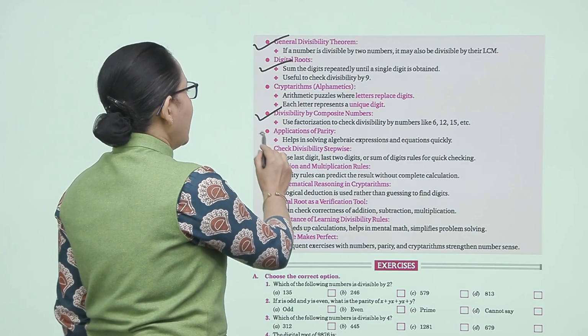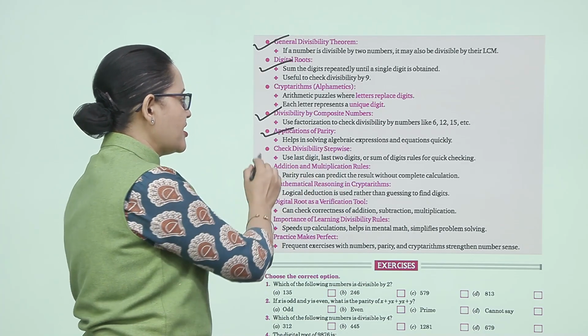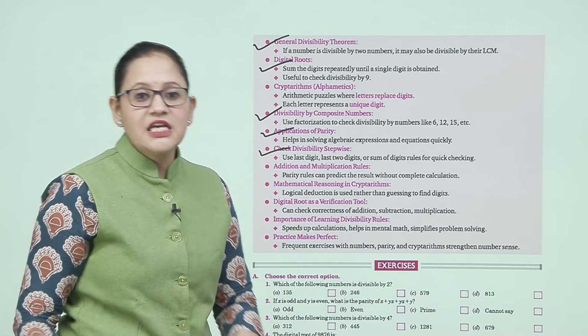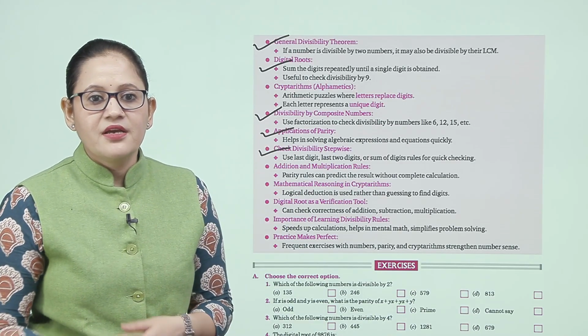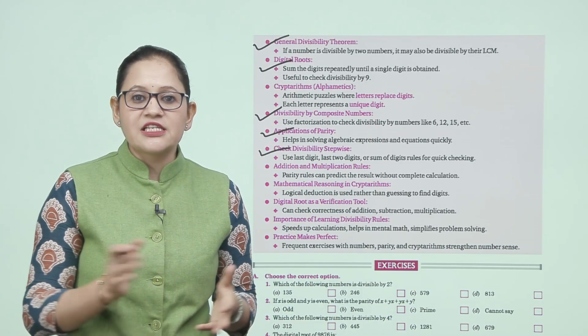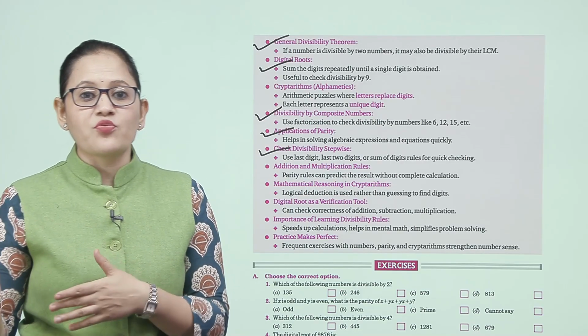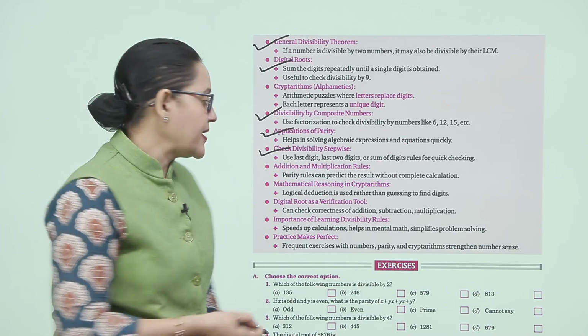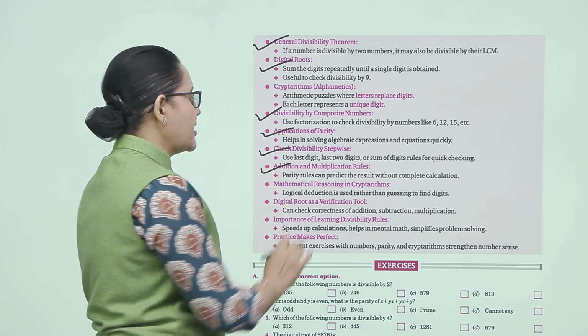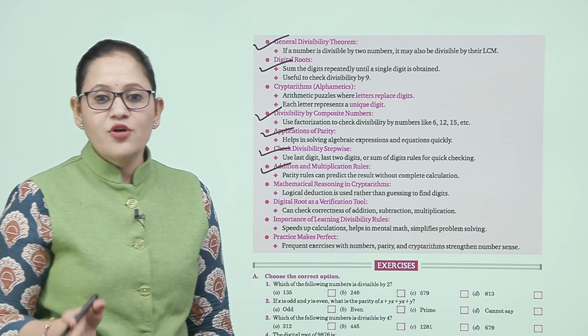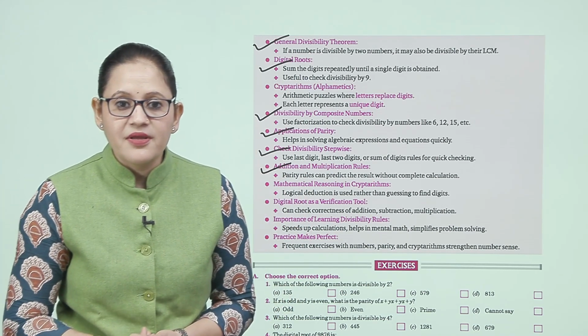Application of parity helps in solving algebraic expressions and equations quickly. Check divisibility stepwise. Use the last digit, last 2 digits or the sum of digits for quick checking. Addition and multiplication rules: parity rules can predict the result without complete calculation.